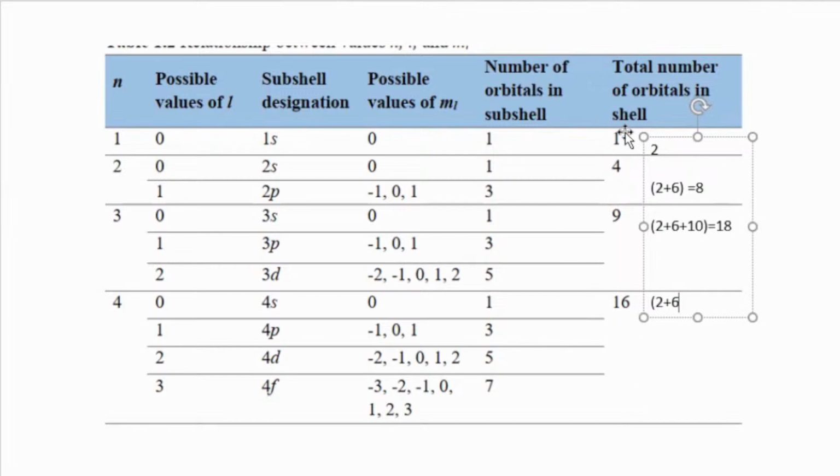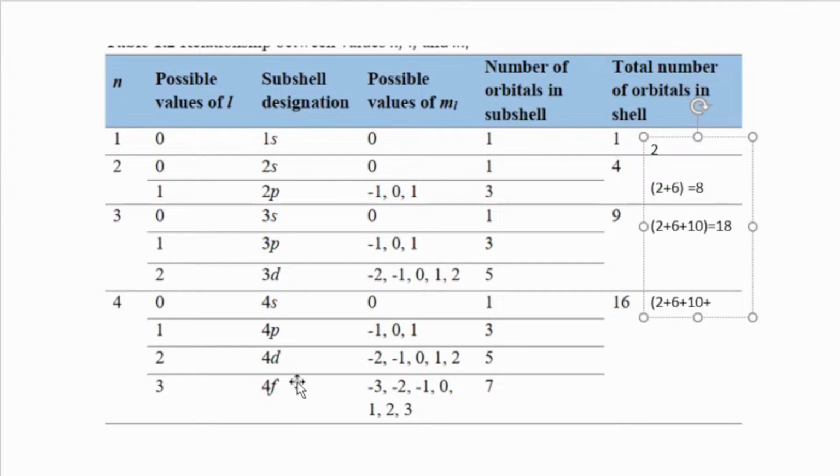So we need to multiply the total number of orbitals by 2 to get the maximum number of electrons that can be occupied, because in one orbital there can be a maximum of 2 electrons. For d it's 10.